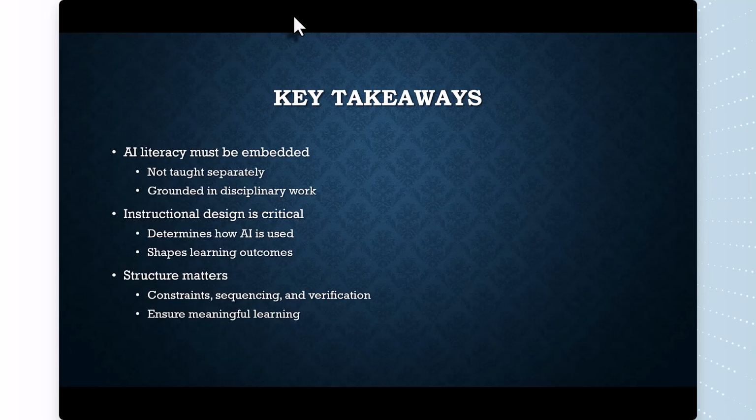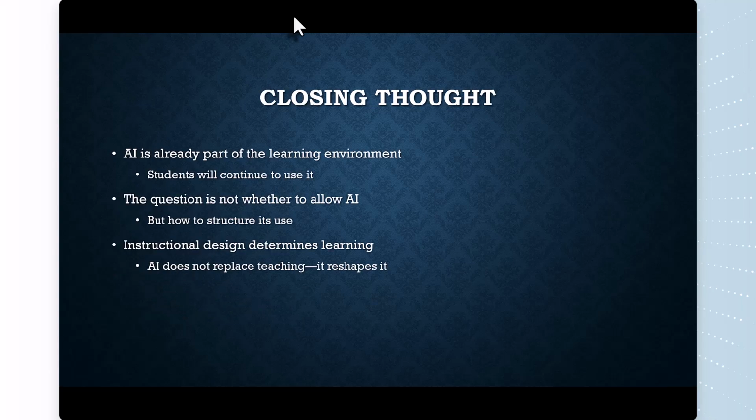Our key takeaways are that AI literacy must be embedded, not taught separately, and grounded in the discipline. Instructional design is critical; it determines how AI is used and shapes learning outcomes. Structure matters. The sequencing and the verification matter, so that we can ensure meaningful learning.